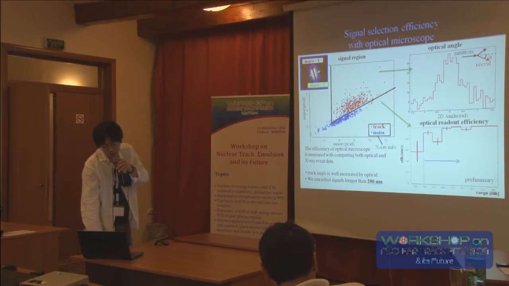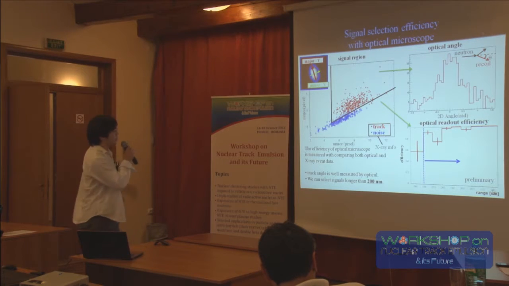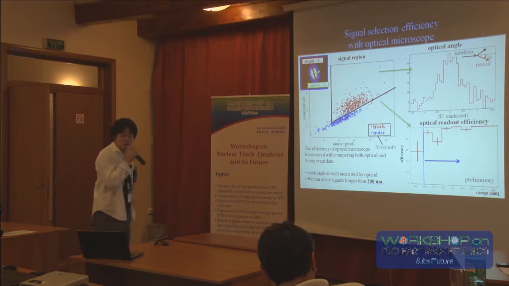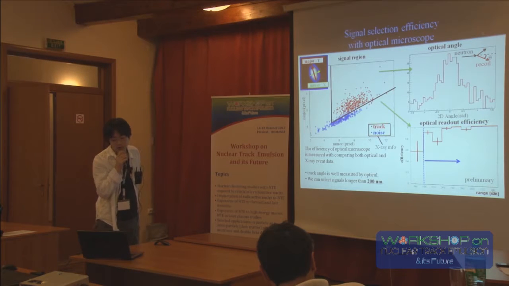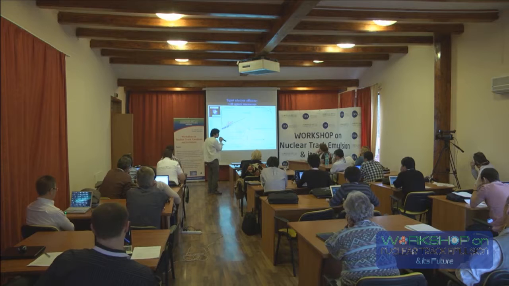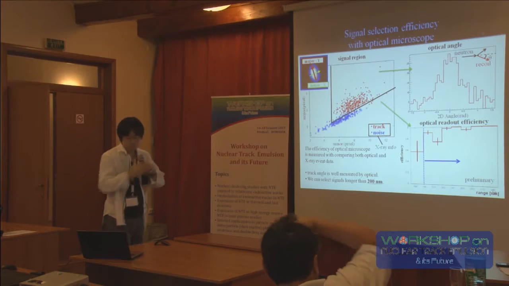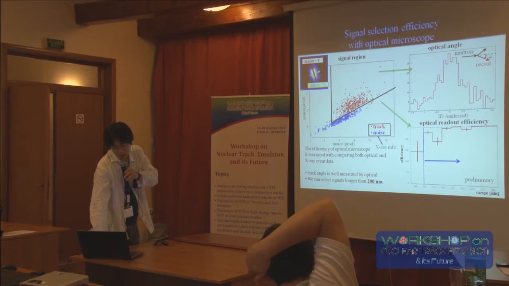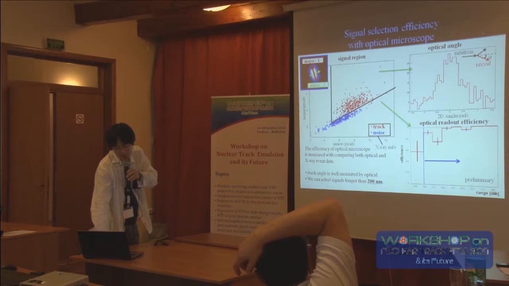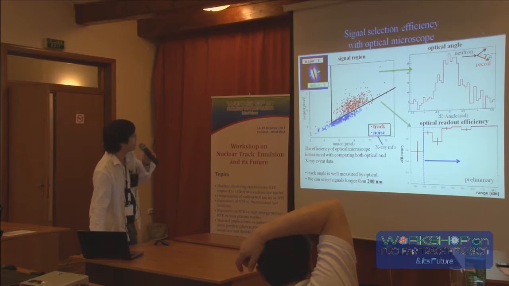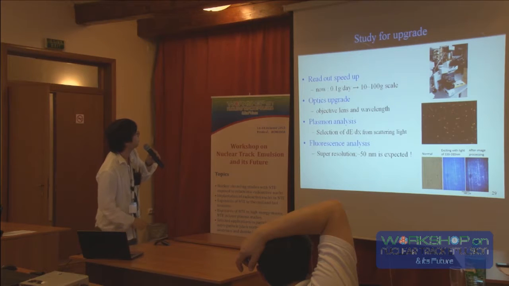With this cut line, we can detect tracks longer than 200 nanometers using only the optical microscope. More detailed confirmation is done by the X-ray microscope. Through this process, the fundamental readout system is already established.